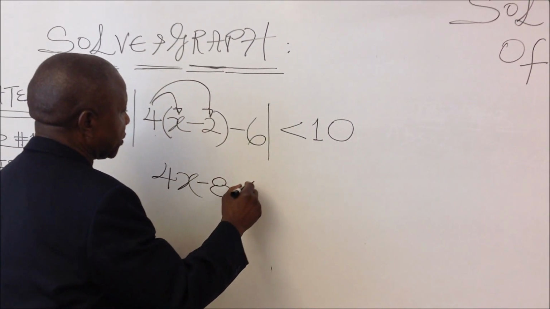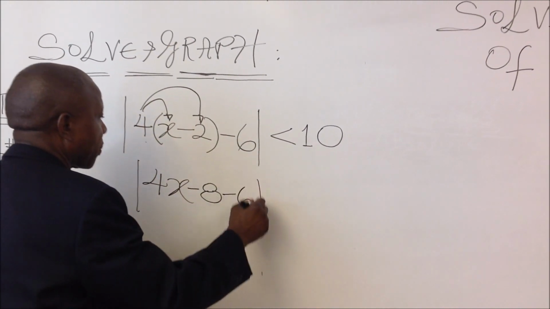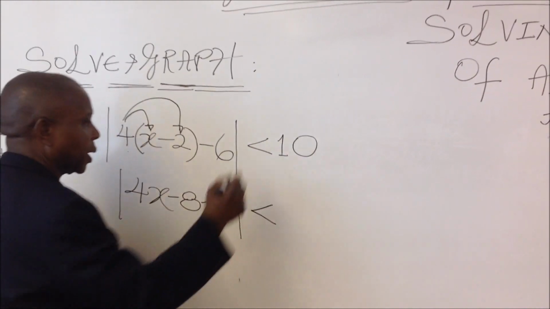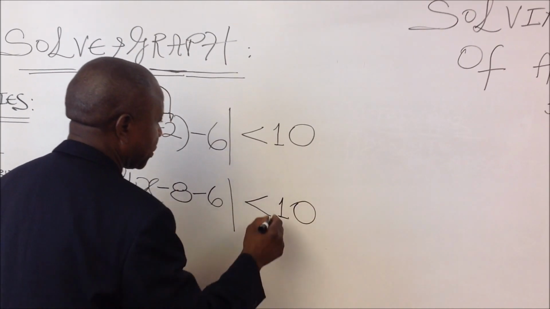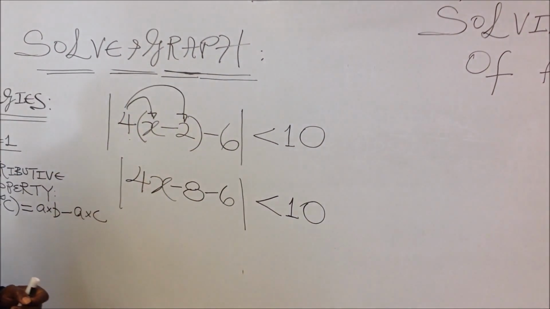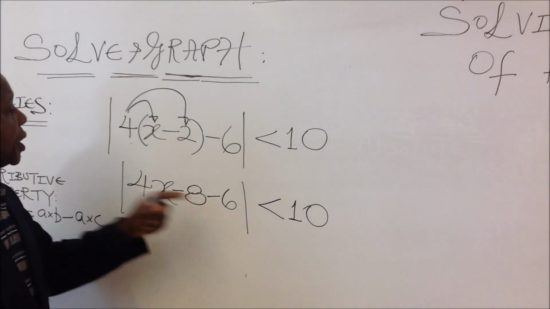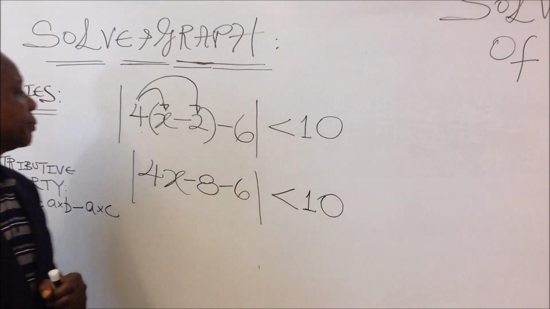Then we need to bring down the negative 6. Bring down the inequality symbol, and then bring down the 10. So in this case now we have the absolute value of 4x minus 8 minus 6 less than 10.